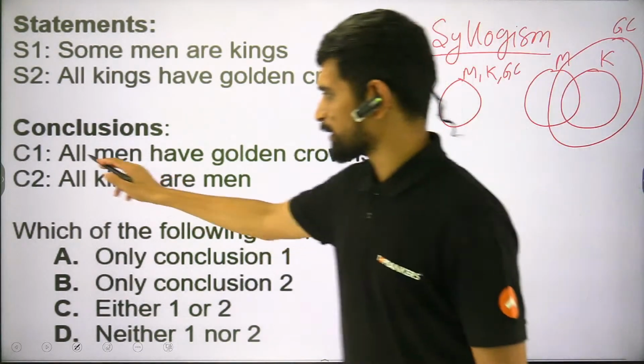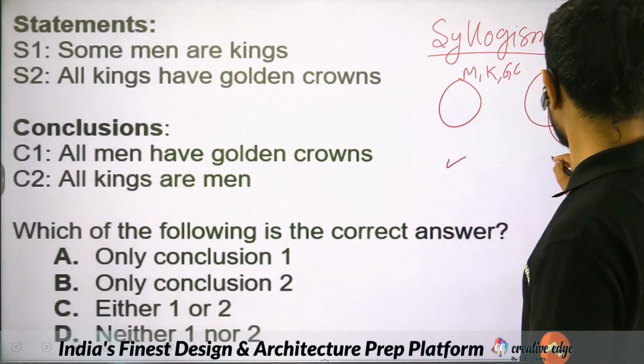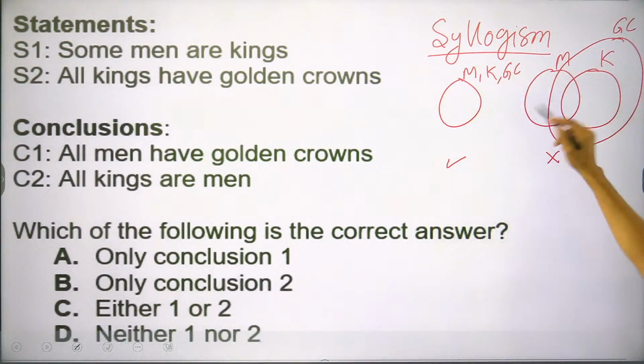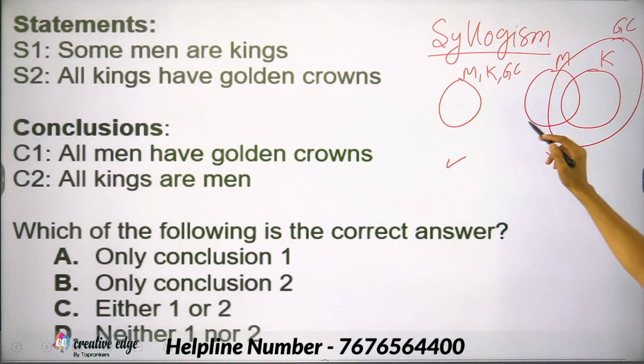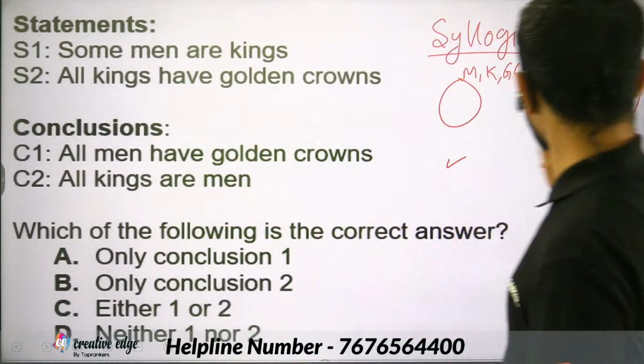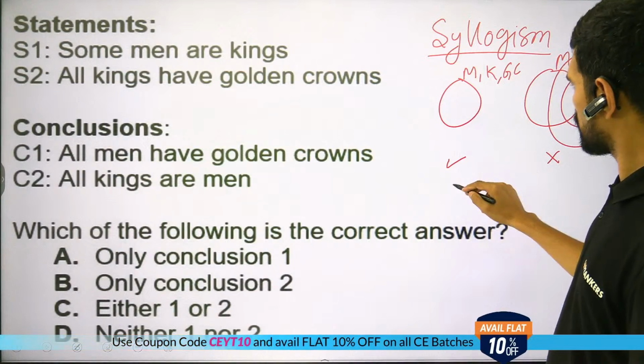Now look at the conclusion. All men have golden crowns. This is correct here, but not correct here. Not necessarily true. All kings are men.